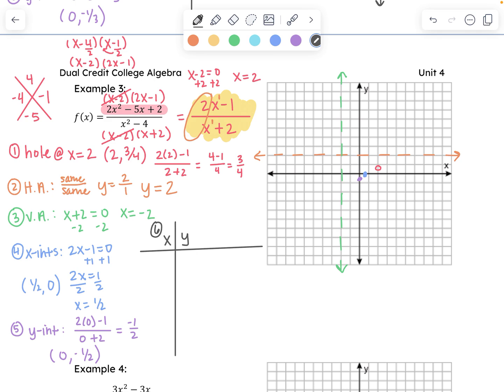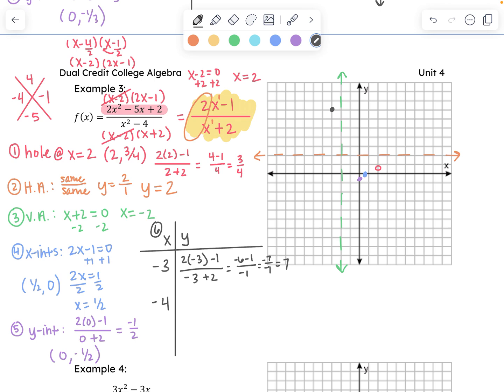So if my asymptote's at -2, I'm going to plug in some things on the left side like -3 and -4. So if I plug in -3, that's 2 times -3 minus 1 over -3 plus 2. -6 minus 1 over -1. -7 over -1 is 7. So -3, 7.